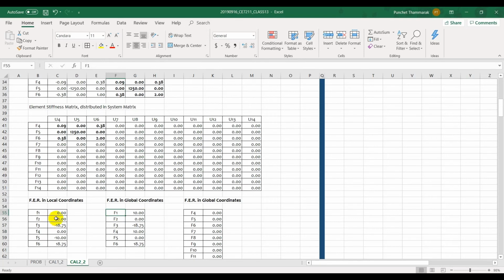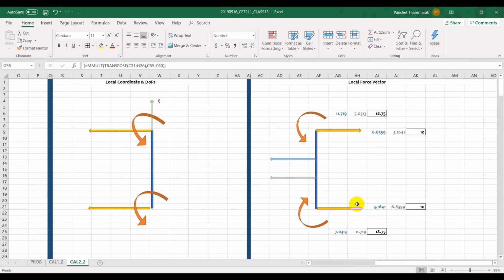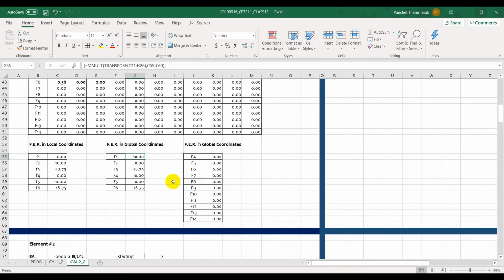So you can see that F2 in here just come to F1 in there, and as your fixed end reaction points toward the positive x of the magnitude 10, you can see that once it is transformed into the global coordinate, it turns out to be plus 10. The moment still the same.